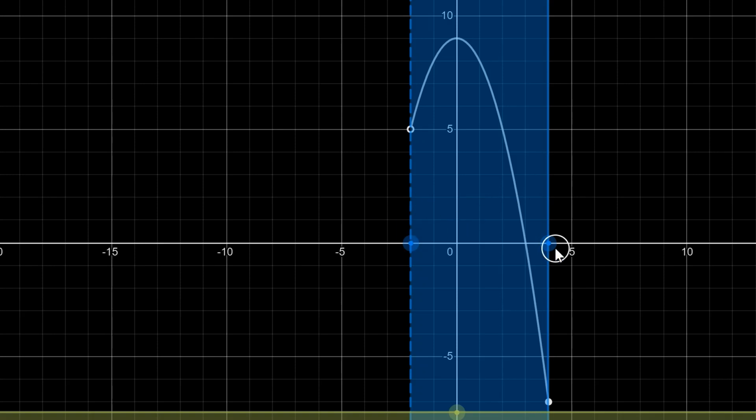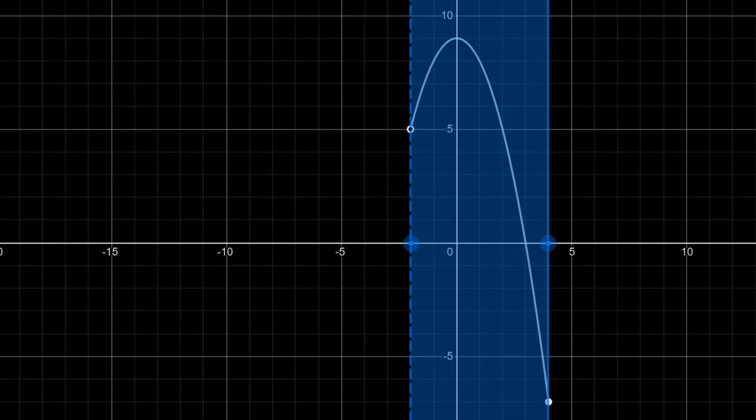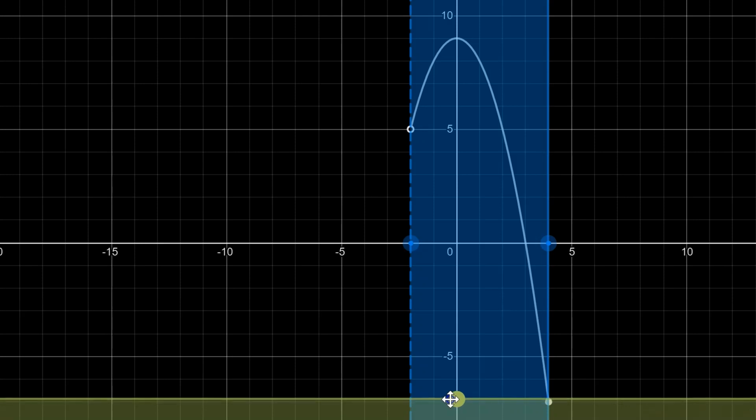The domain was not too difficult to find, but I do want to point out something with the range. So the range, again, I'm going to start at the very bottom. There's a solid point here, so I'm going to put the solid line on it. And this is where I see a lot of people make their first domain mistake, or in this case, a range mistake.